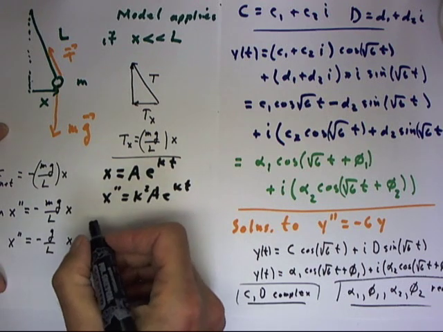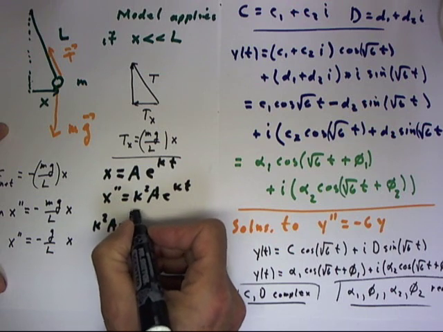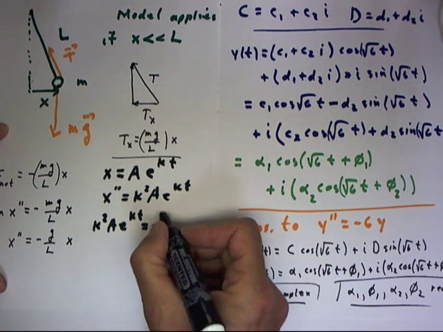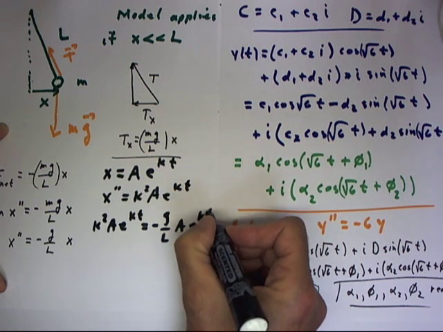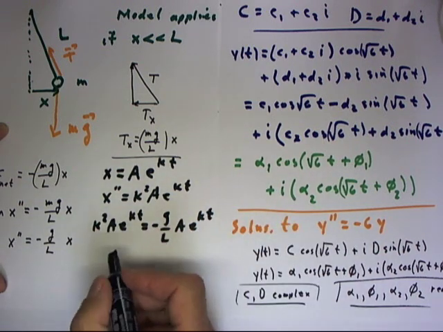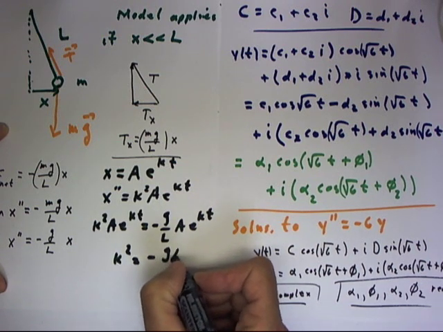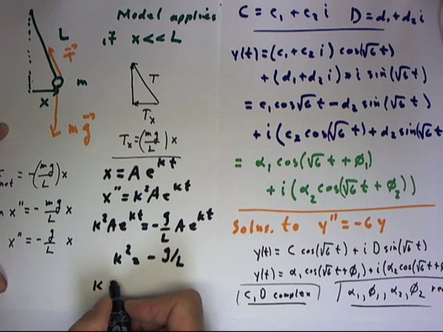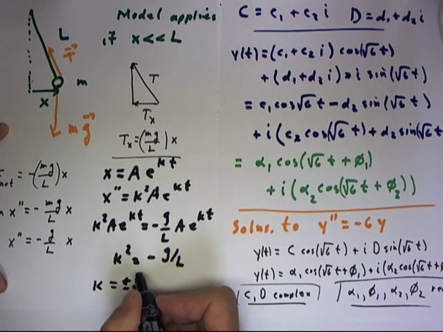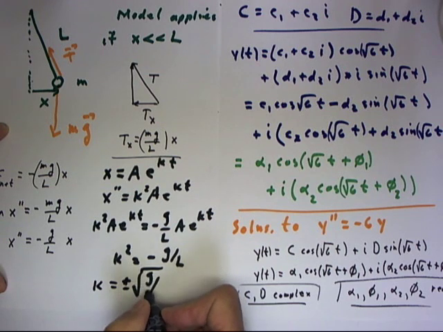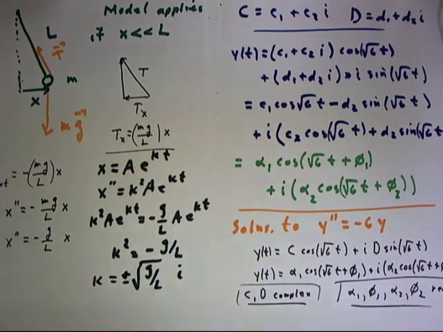Substituting into the equation, we have k squared A e to the kt equals negative g over L A e to the kt. Dividing by the A e to the kt, we have k squared equals negative g over L, so that k equals plus or minus the square root of g over L times our imaginary number i.